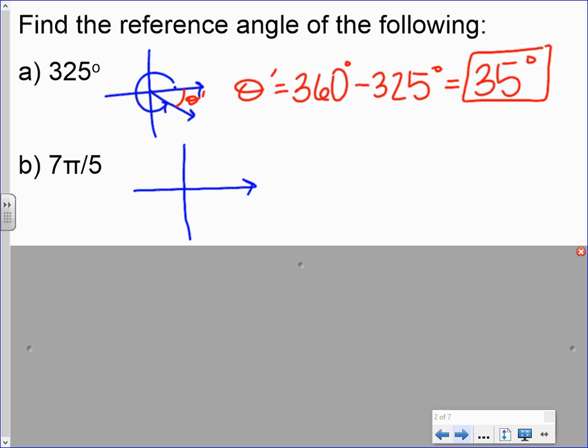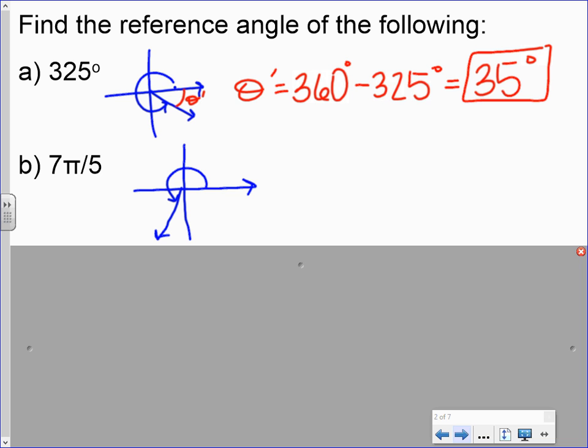The third? Okay. Pi we can think of as 5 pi over 5, right? 2 pi, 10 pi over 5. So 7 pi over 5 is going to be in the third quadrant, but probably closer to that 3 pi over 2 mark. Okay, so there's our angle.